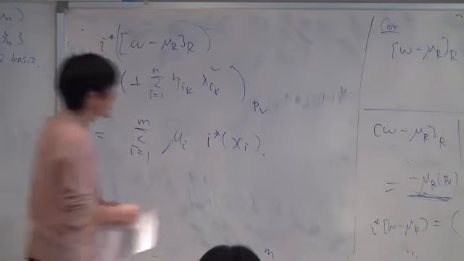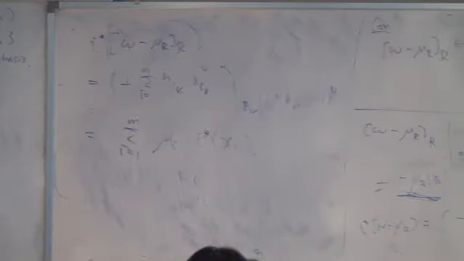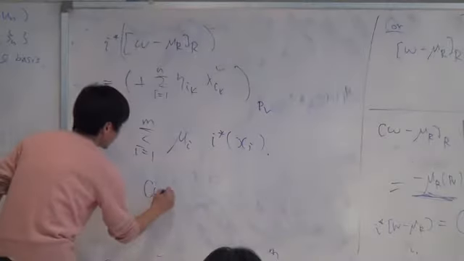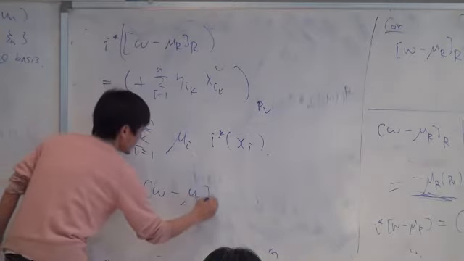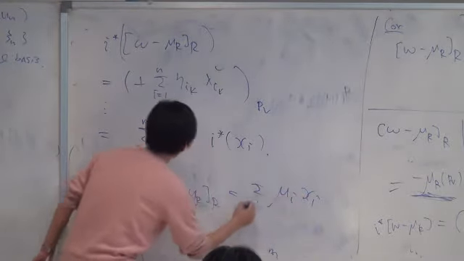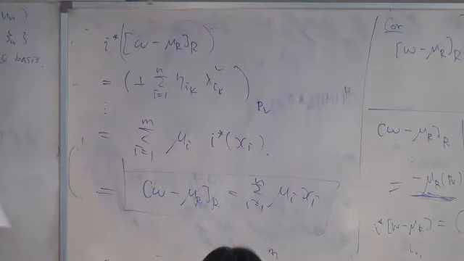So let's see, what is this? This implies that this omega mu r is equal to the sum of mu I xi. Okay, so this is the last conclusion I can make today.